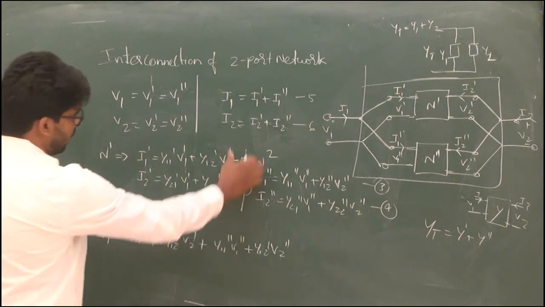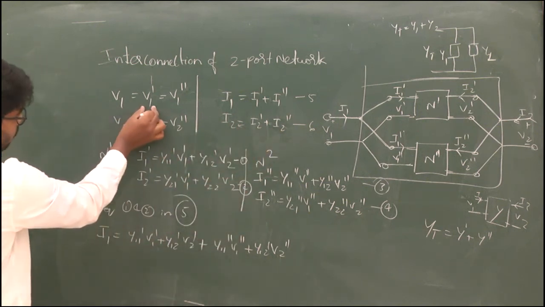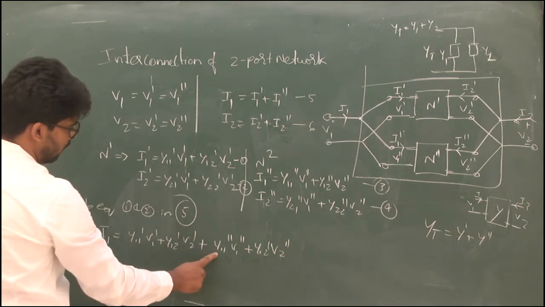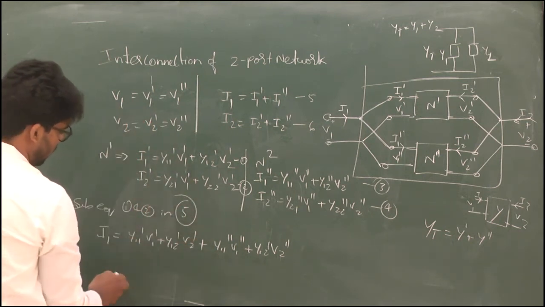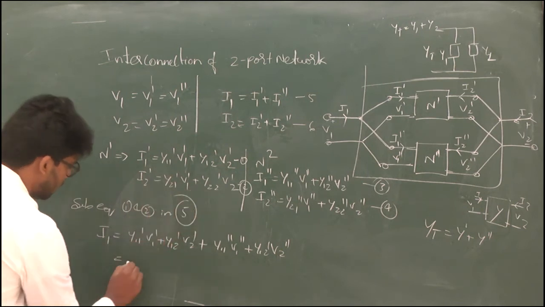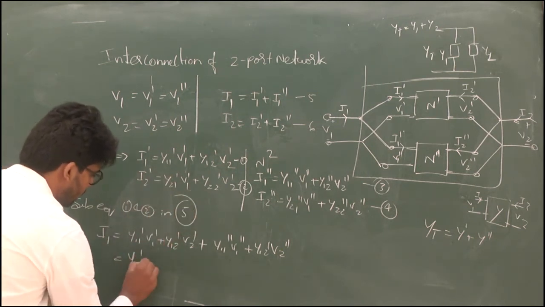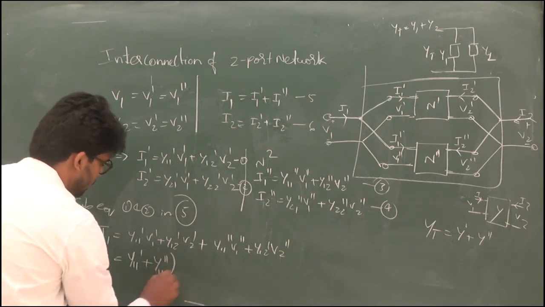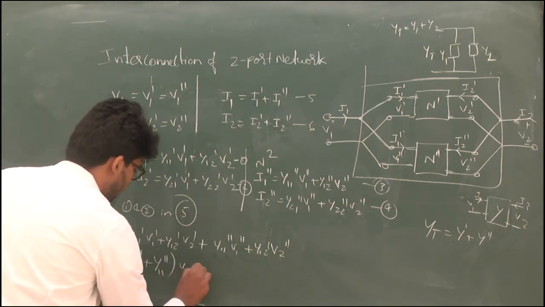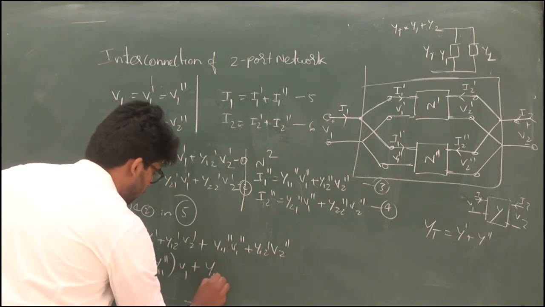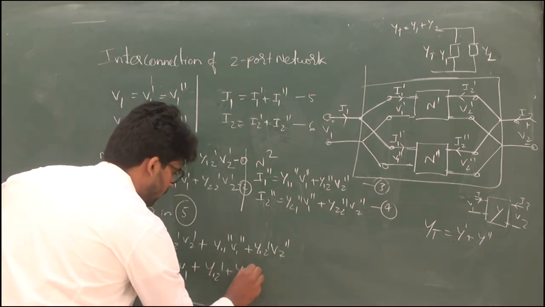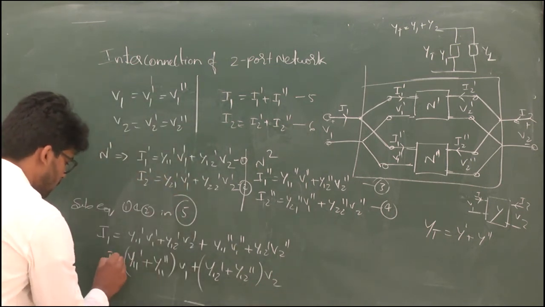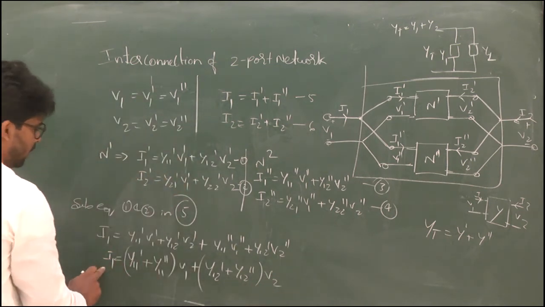From here, we have V1 equal to V1 dash and V1 double dash. Substitute V1 dash and V1 double dash here with V1. Therefore, after simplification, you get (Y11 dash plus Y11 double dash) into V1 plus (Y12 dash plus Y12 double dash) into V2. This is the I1 equation you got.